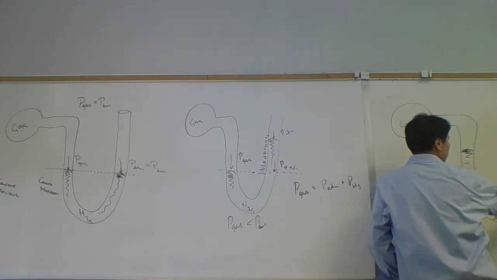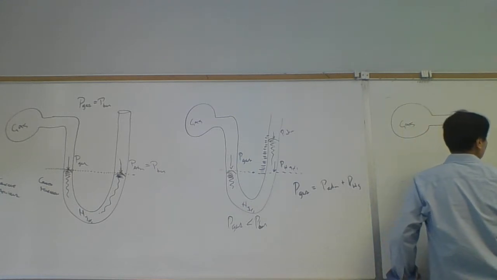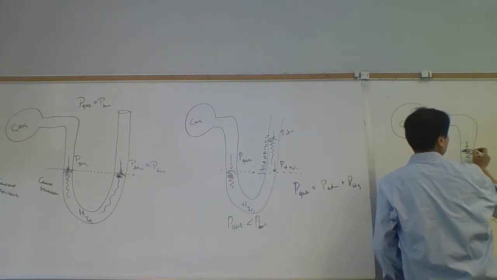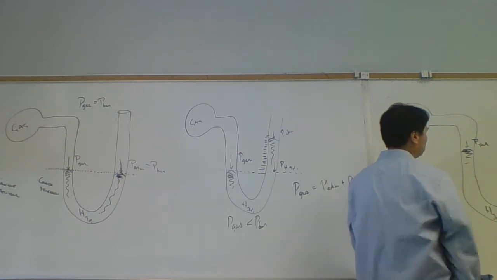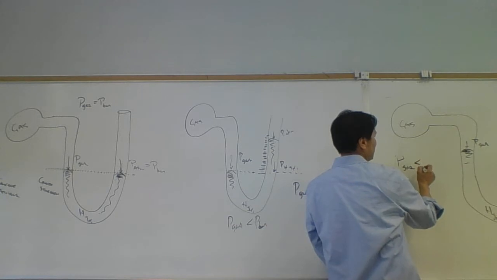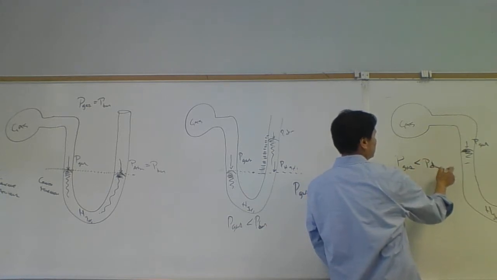And then what I'm going to do is I'm going to look over here. I have the weight of the atmosphere. Over here, I have the weight of the gas. And so from this, we can see that the pressure of the gas is less than the pressure of the atmosphere. In other words, the gas weighs less.